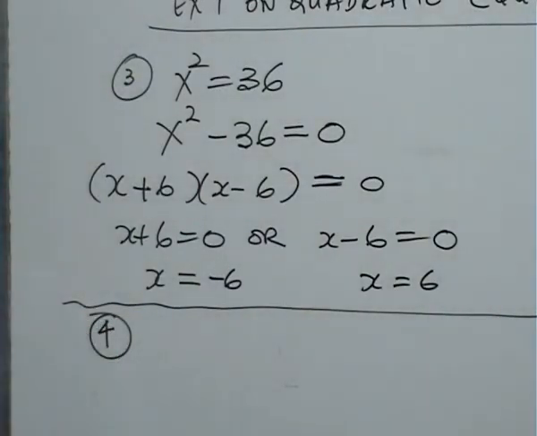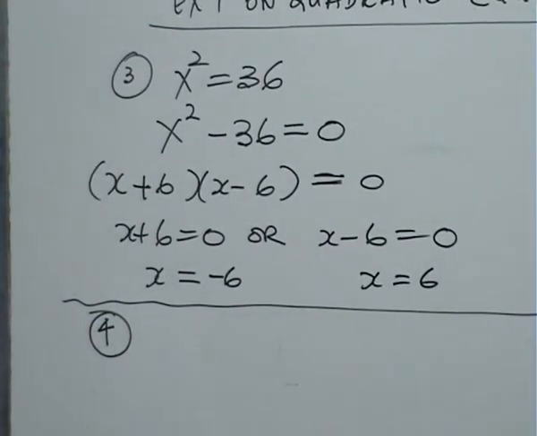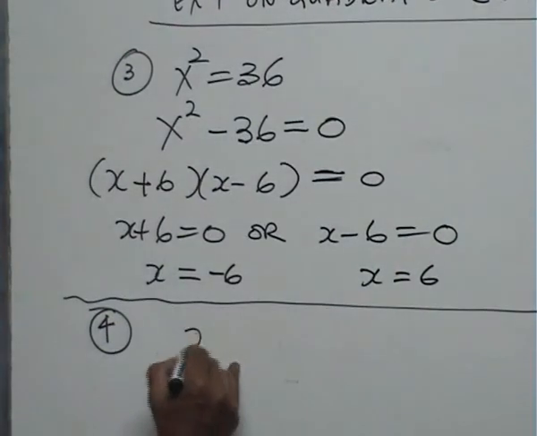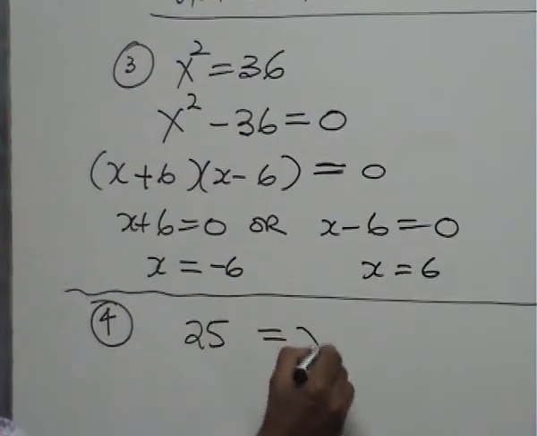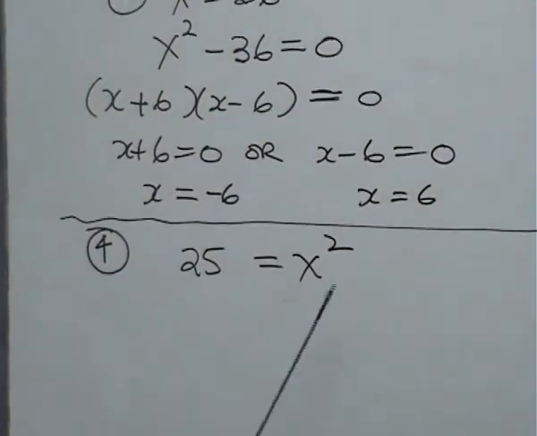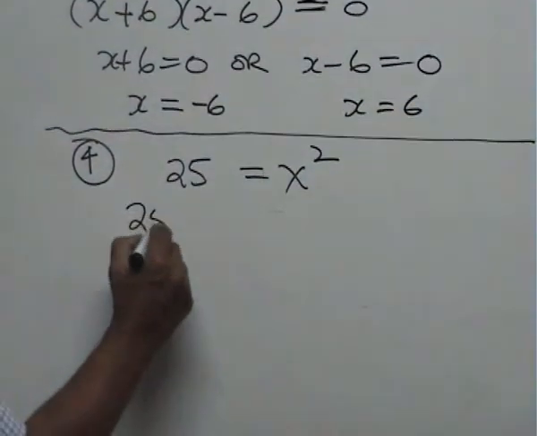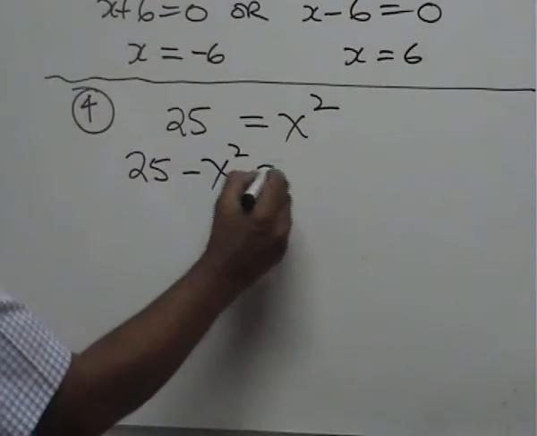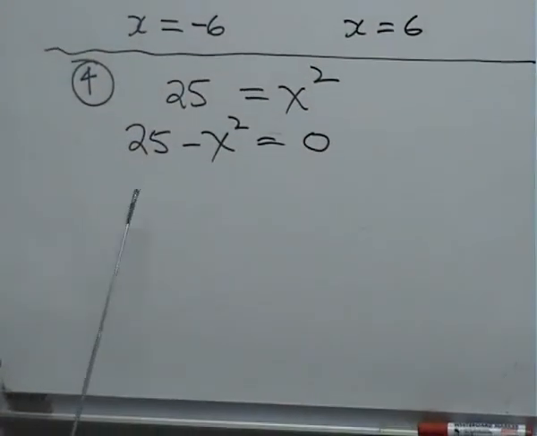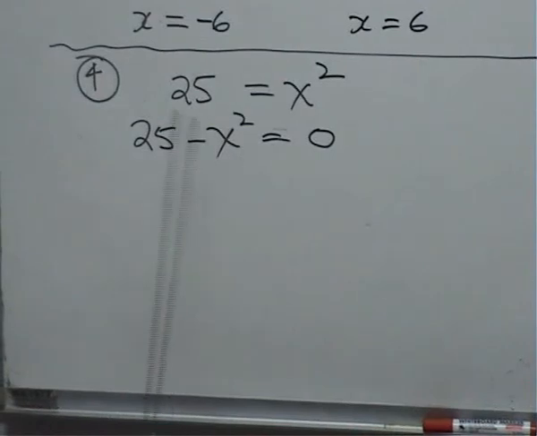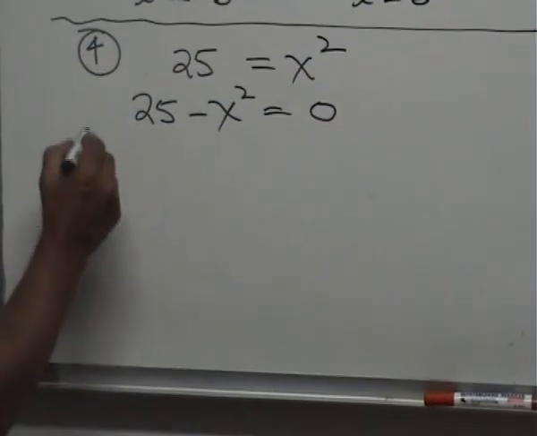Let's do number 4. In number 4 you have 25 is equal to x squared. Once again, not in standard form. Bring to standard form. So 25 minus x squared is equal to 0. Now I can factorize this just like this, so I rather do that. It is much easier.